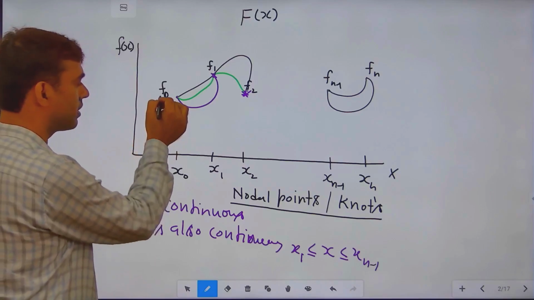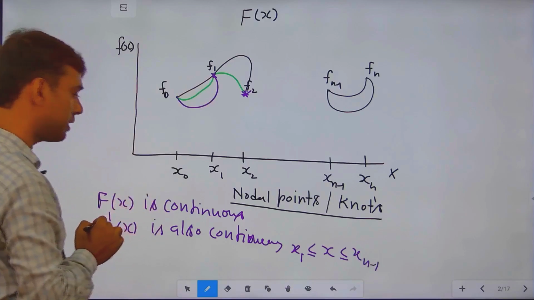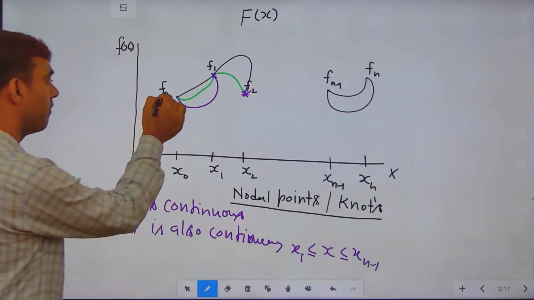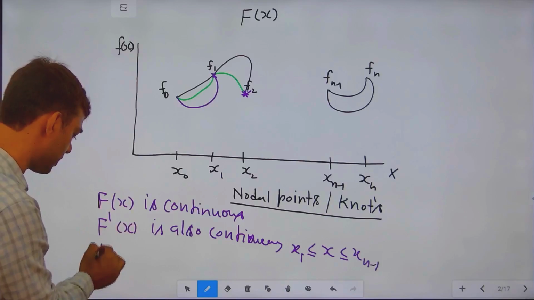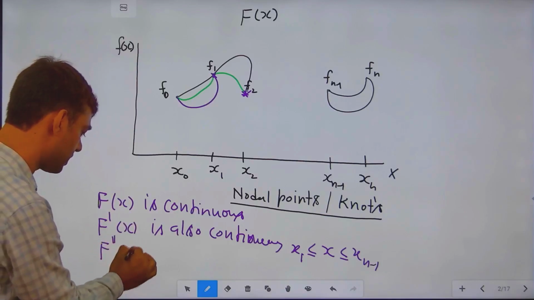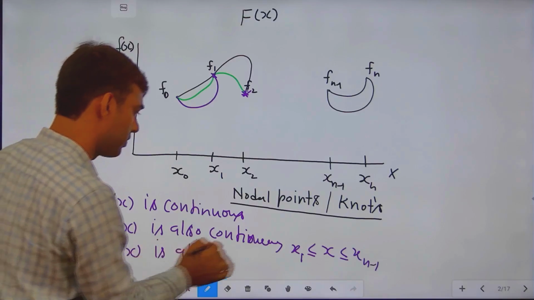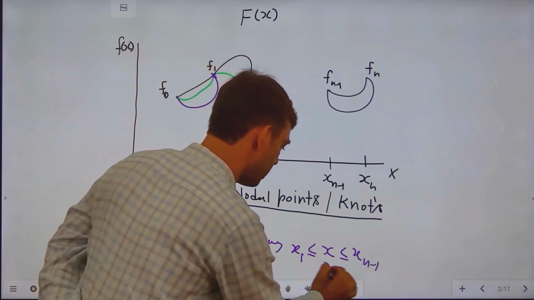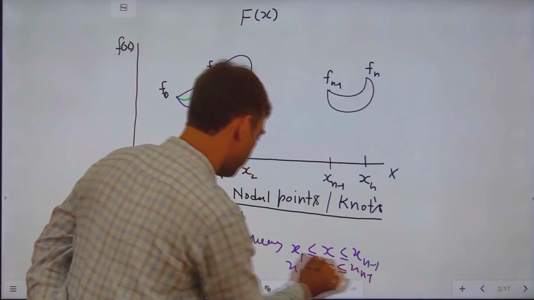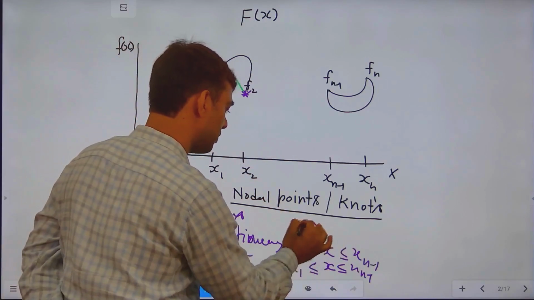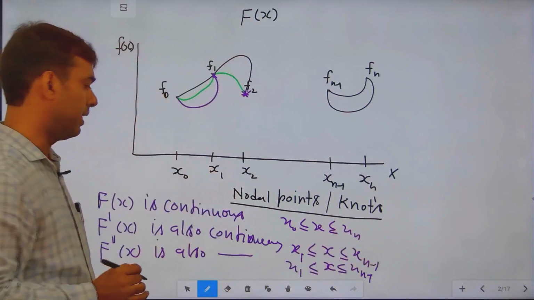If we try to fit a cubic curve between f0 to f1, then there is a need for one more condition. That condition is that f''(x) is also continuous for x between x1 to x(n-1), and f(x) is continuous between x0 to xn.